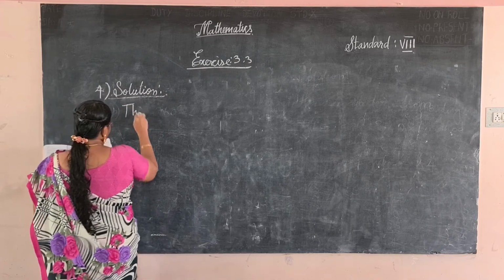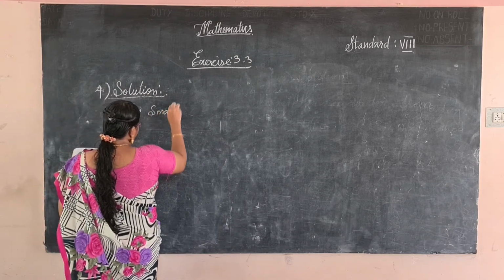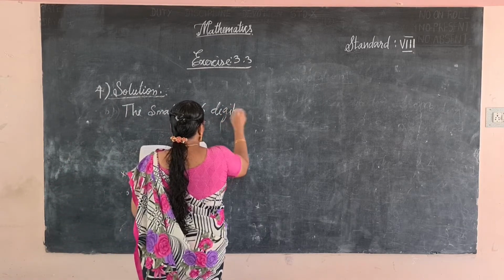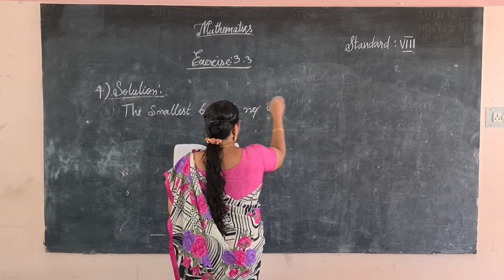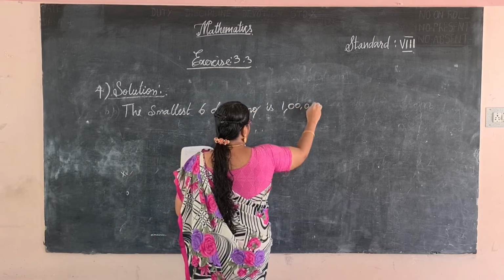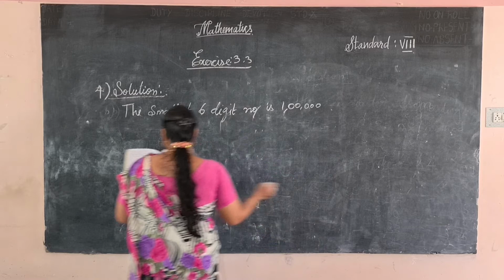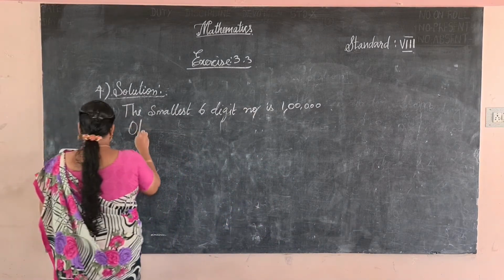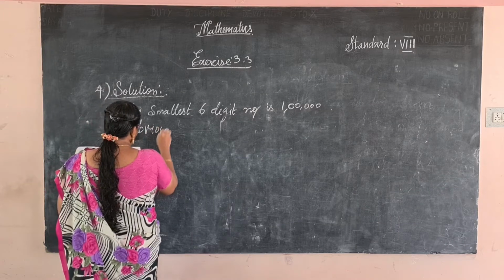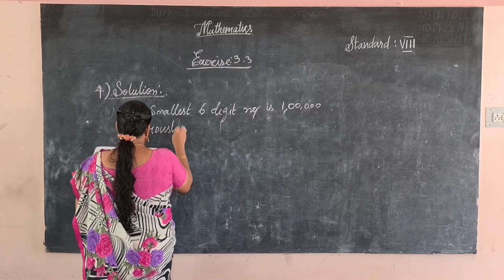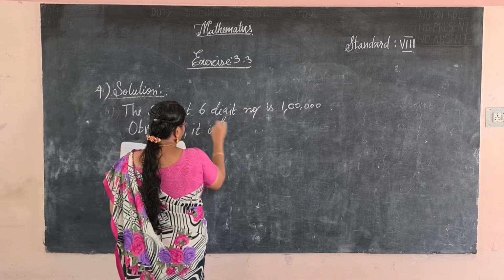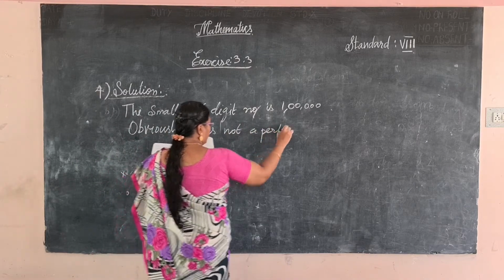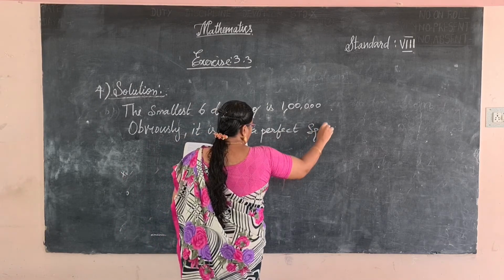The solution for the fourth one. The smallest 6 digit number is 1 lakh. Obviously, it is not a perfect square.